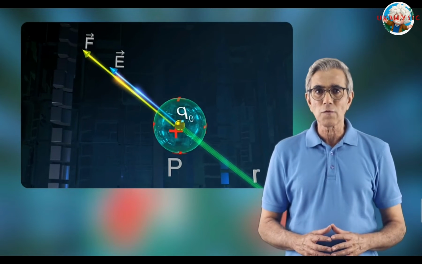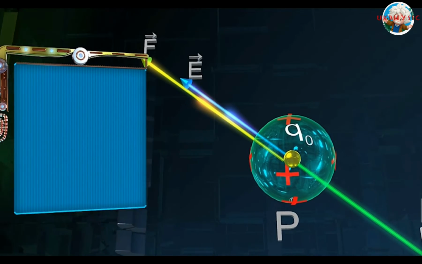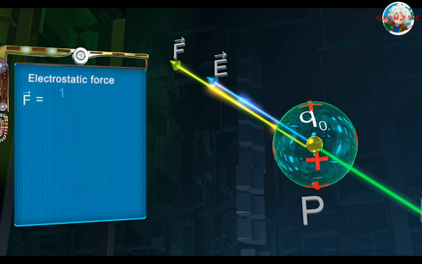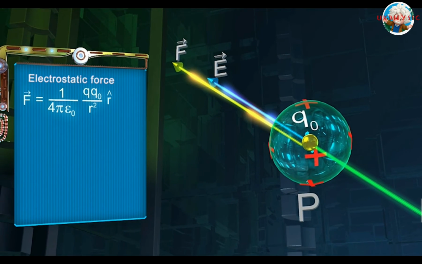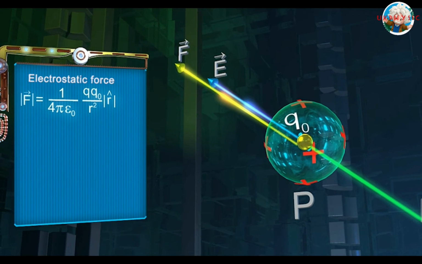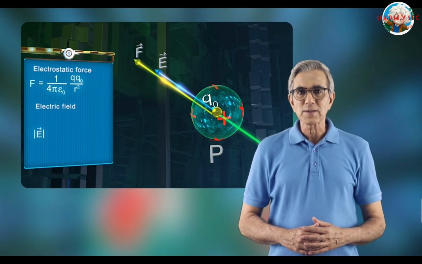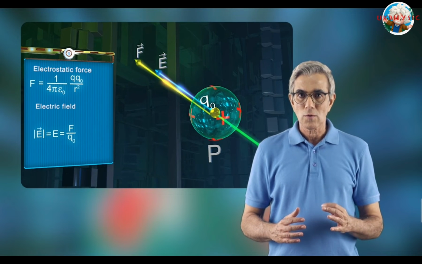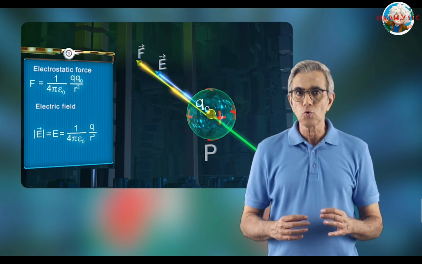The direction of the field vector E is that of vector F. The electrostatic force vector F that acts on Q0 is vector F equals 1 upon 4 pi epsilon 0 times Q Q0 over r square into r cap. Or the magnitude of vector E equals F over Q0 equals 1 upon 4 pi epsilon 0 times Q over r square.